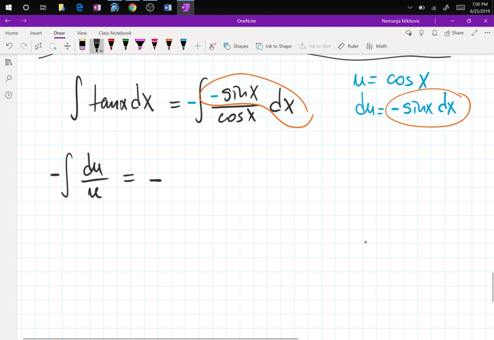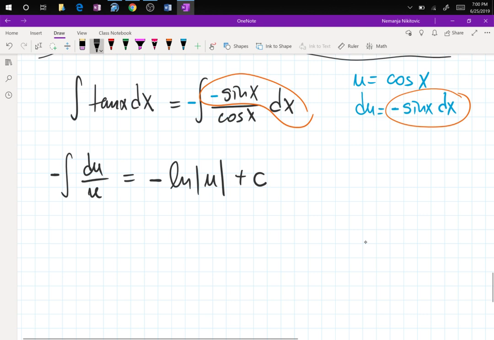Yeah, isn't the 1 over x the derivative of the function, right? So what's the integral of 1 over x or 1 over u? Is it ln absolute x? So ln absolute u plus c. I'll let you know because you're wondering, I had to put in the absolute value.